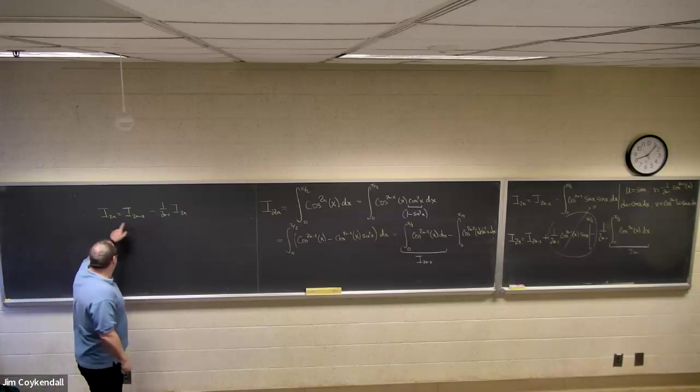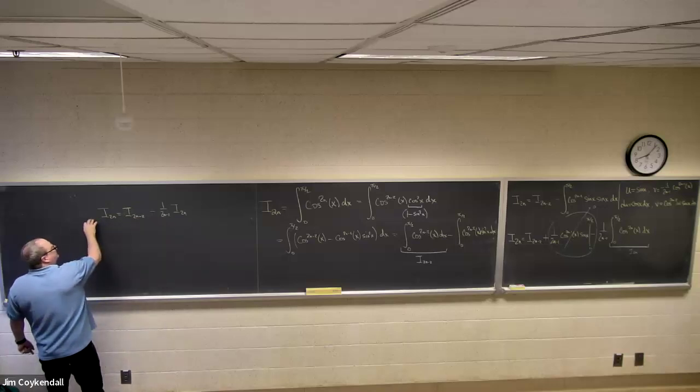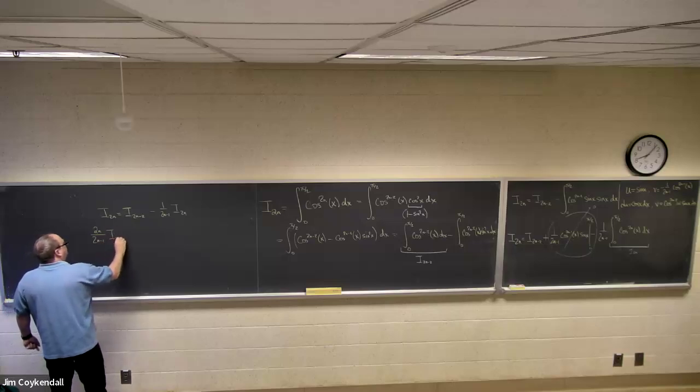And this allows me to solve this equation here. So this is going to be 2n minus 1 plus 1, so this is going to be 2n over 2n minus 1 I2n.